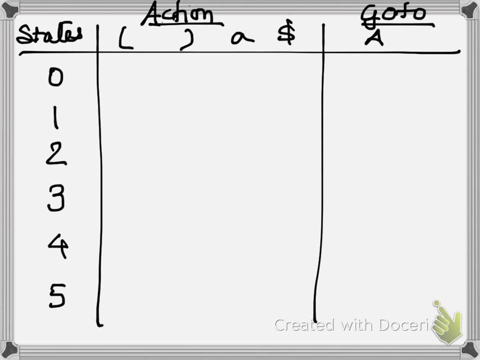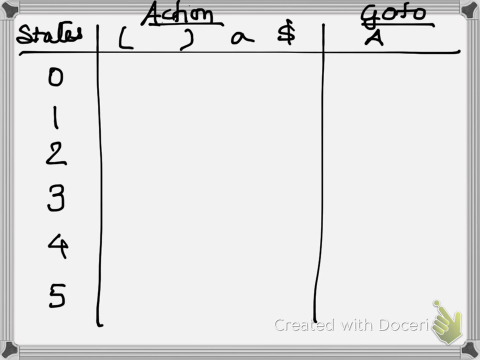So this is how our parsing table looks. For every state in the DFA, we have to have one row. So 6 states, so I have 6 rows marked 0, 1, 2, 3 up to 5. And the rest of the parsing table is divided into 2 sections.